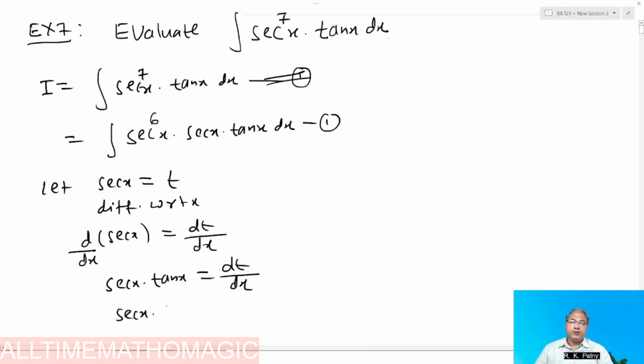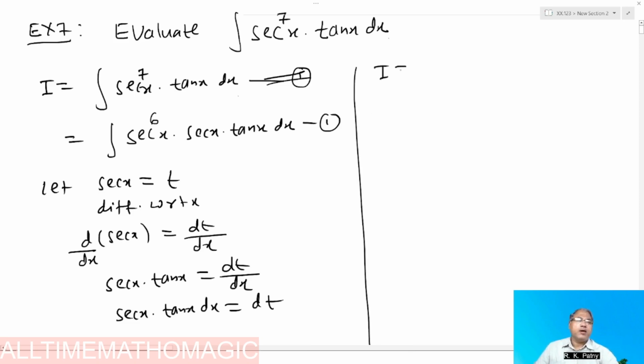Therefore sec x into tan x dx equals dt. Now, this was equation 2 and 3. As usual, putting 2 and 3 in 1, we get I equals t raised to 6, and sec x tan x dx is equal to dt.